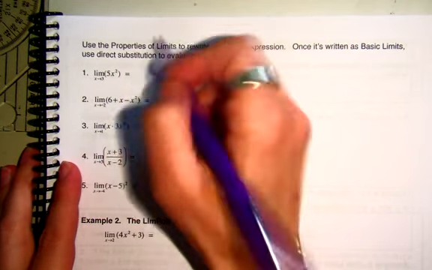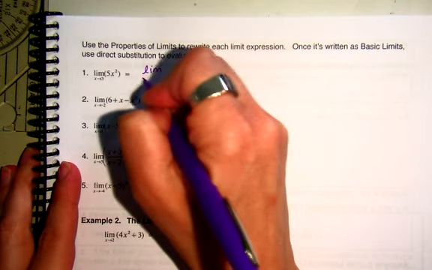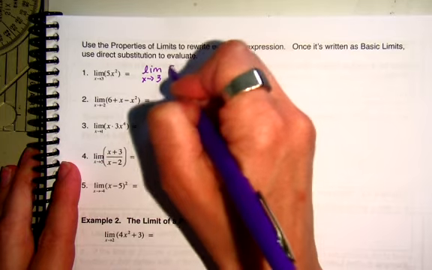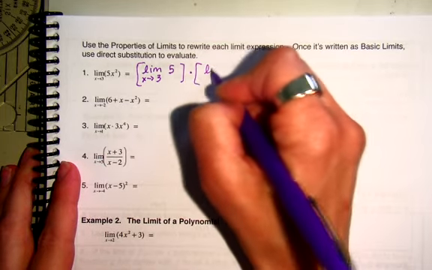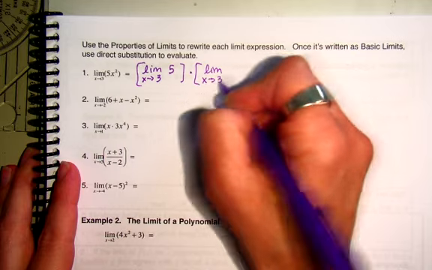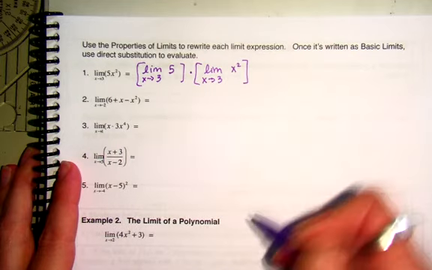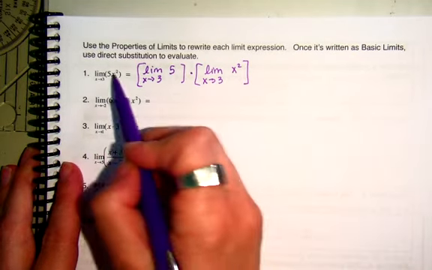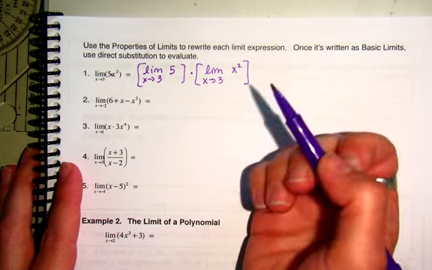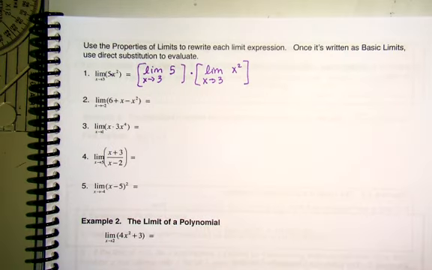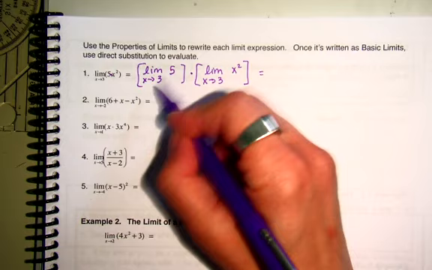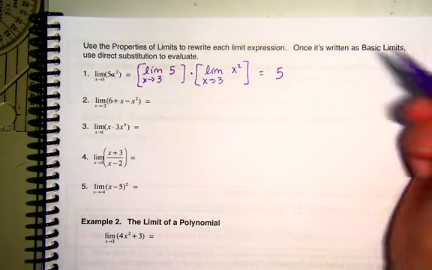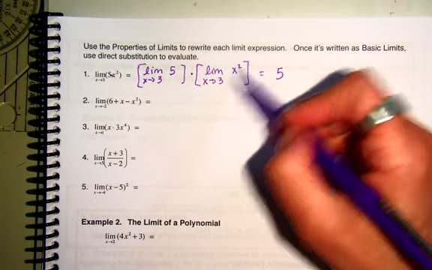Technically, this would break into the limit as x approaches 3 of 5 times the limit as x approaches 3 of x squared. All right? I'm basically splitting that up into a multiplication problem. It's a product, so I'm splitting up the two limits. So what is the limit as x approaches 3 of 5? It's just 5. And what is the limit as x approaches 3 of x squared?